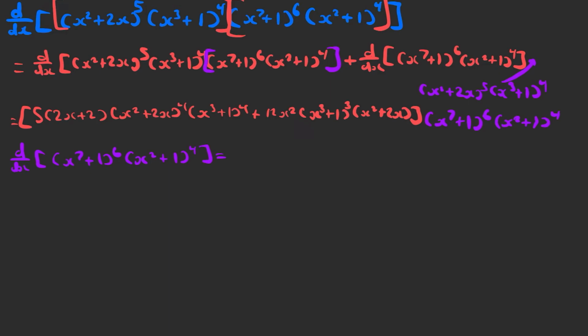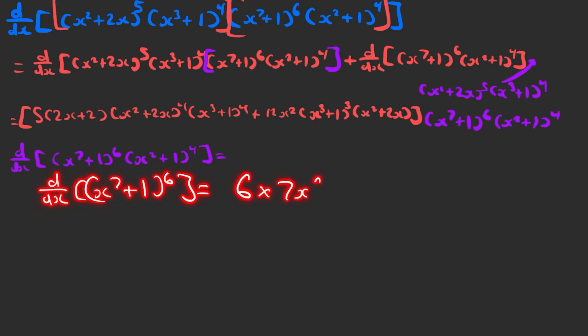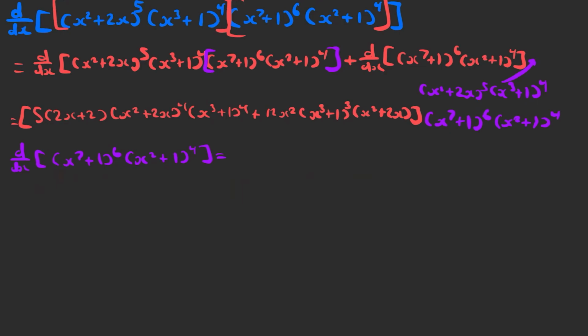So the derivative of (x to the power of 7 plus 1) to the power of 6 is equal to 6 times 7x to the power of 6, the derivative of the inside brackets, times (x to the power of 7 plus 1) to the power of 5. So that will be equal to 6 times 7x to the power of 6 times (x to the power of 7 plus 1) to the power of 5 times (x squared plus 1) to the power of 4.